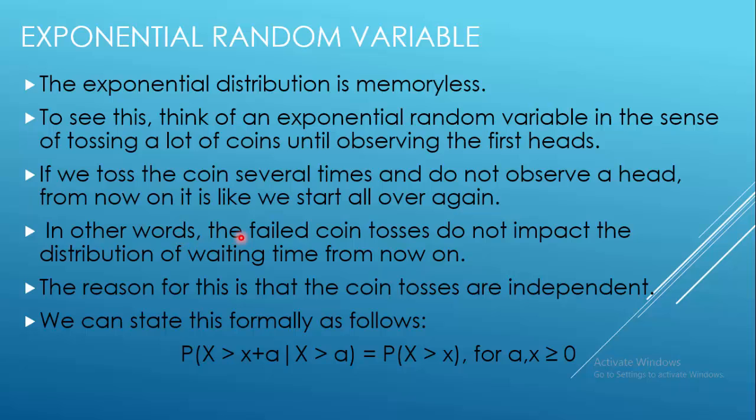In other words, the failed coin tosses do not impact the distribution of waiting time from now on. The reason for this is that the coin tosses are independent. We can state this formally as P(X > x + a | X > a) = P(X > x).